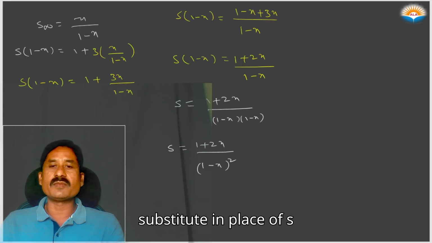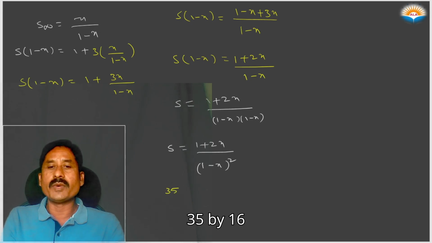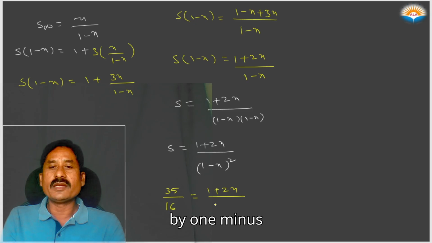That we substitute in place of S. 35 by 16 is equal to 1 plus 2x by 1 minus x whole square.